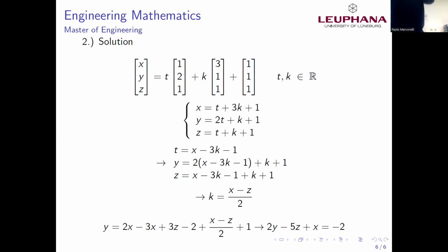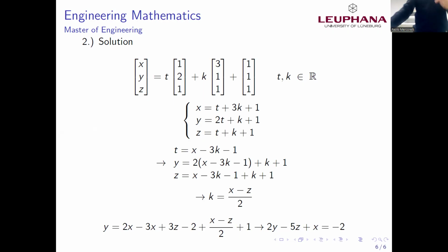This means t and k can be seen as helper parameters. They help, but they are not intrinsically in the set of points. You remember the definition: the plane is a set of points. This means I can obtain an expression without t and k.